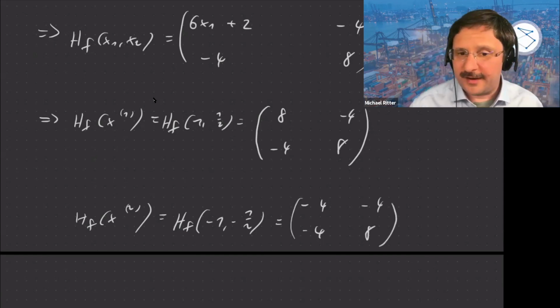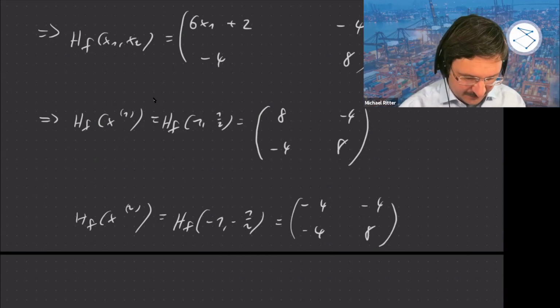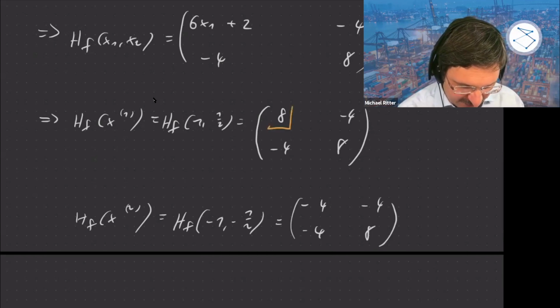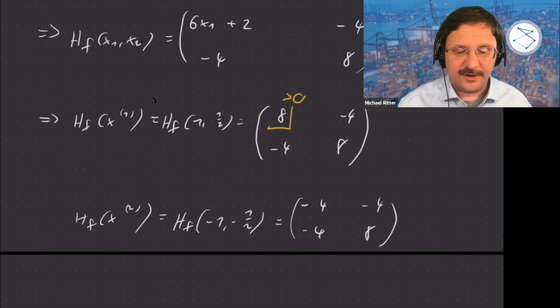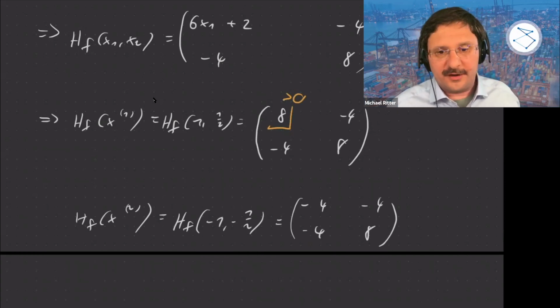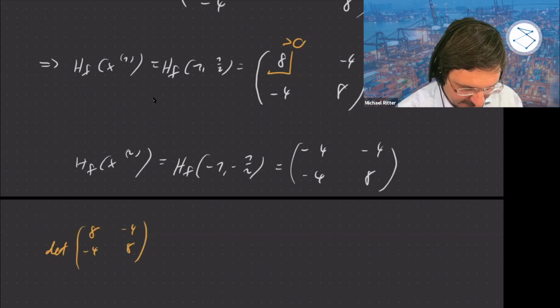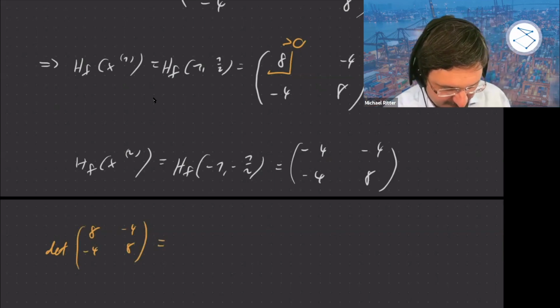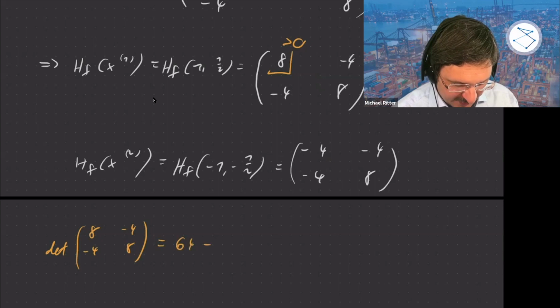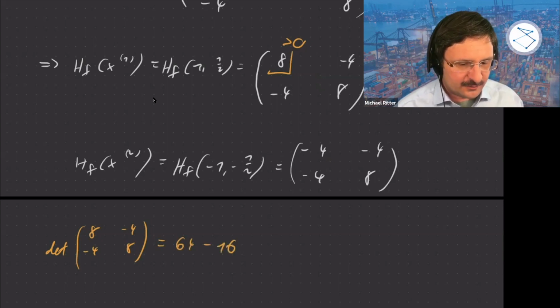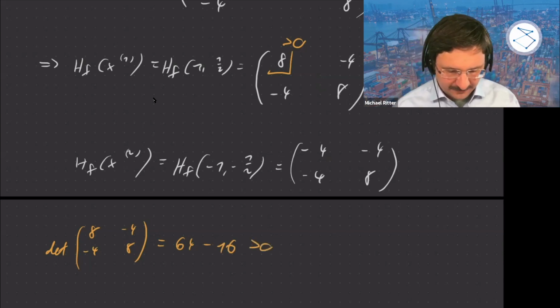Now let's see if we can find out something about the definiteness here. You can see this entry is positive, right? So that could still be a positive definite matrix. And now if we compute the determinant of that whole matrix, we get 8 times 8, that's 64, minus 4 times 4, that's 16. So that's a positive number too, right?